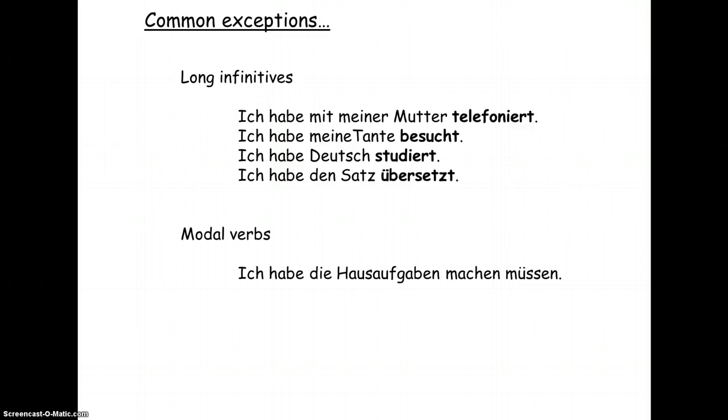I had to do the homework. So it's also worth noting that the müssen goes at the end. You've already got the machen at the end of your sentence because it's the infinitive, but then the müssen goes right to the end because there's your past tense and the past participle has to be at the end. Hope that's clear. Thank you very much for listening.